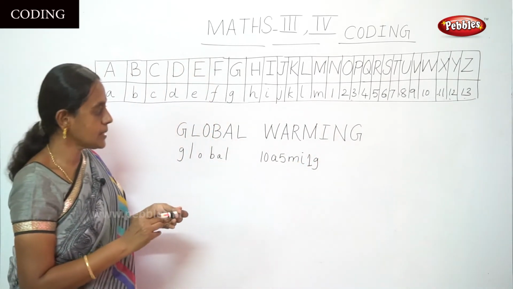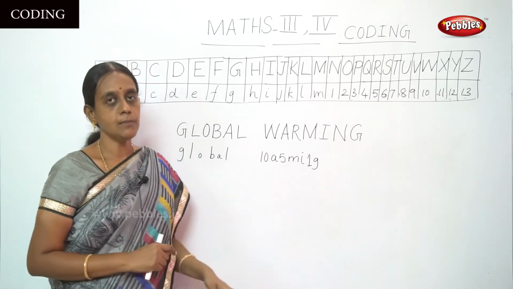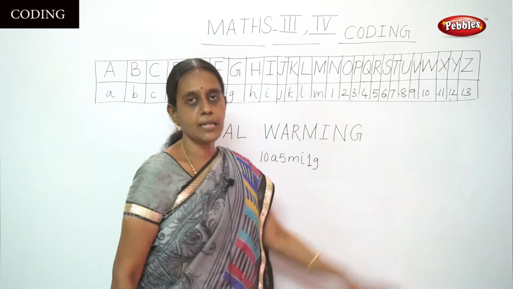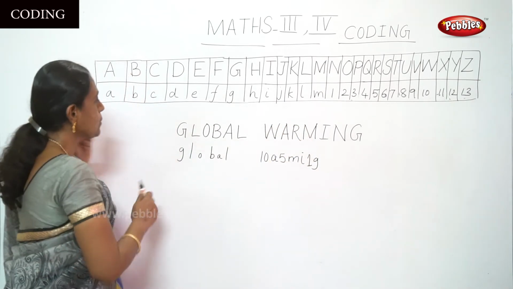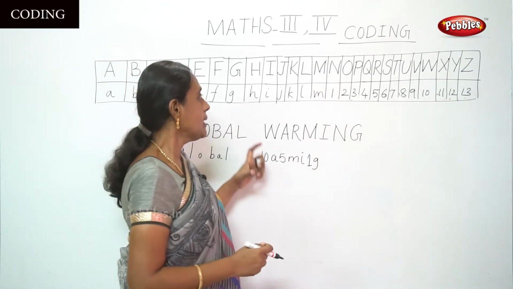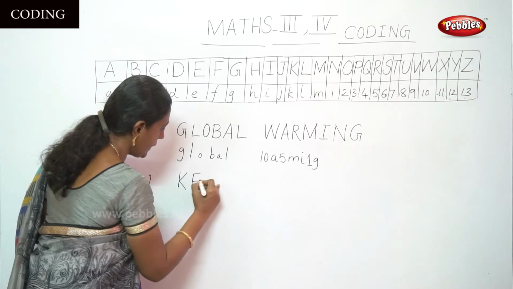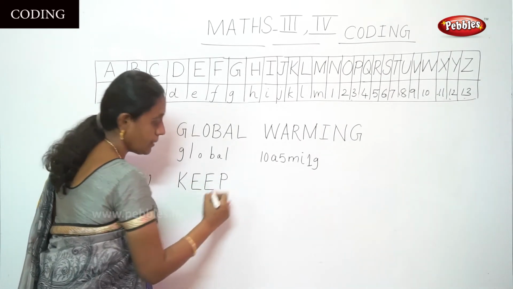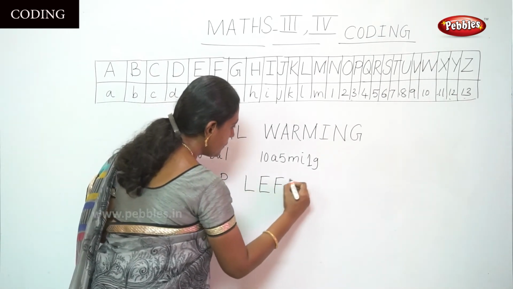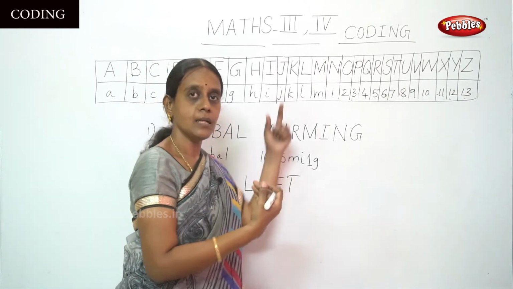Do you understand this? For explaining any code or any terms, we are using other alphabets or numericals. This is example number 1, and the next one, by using the same coding, is keep left. We are going to take the alphabets and numericals from the table column.